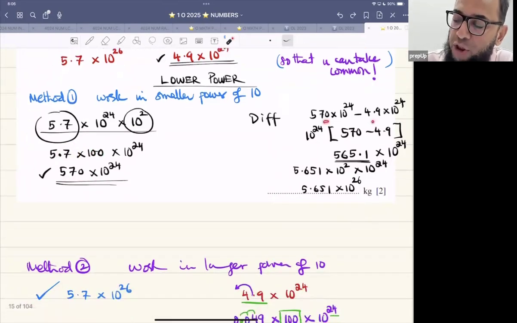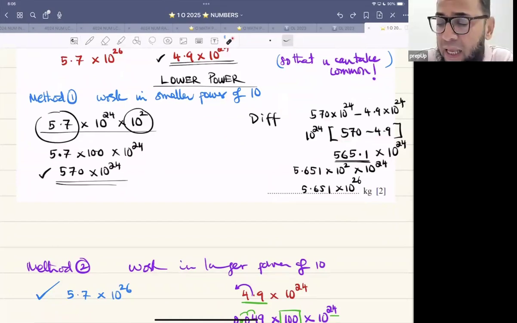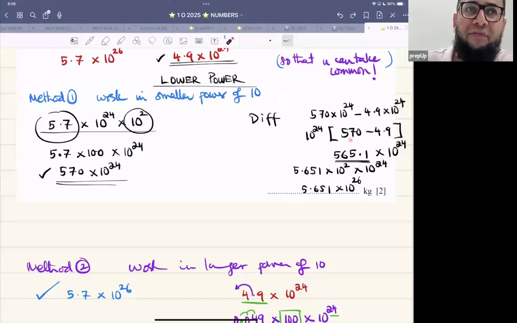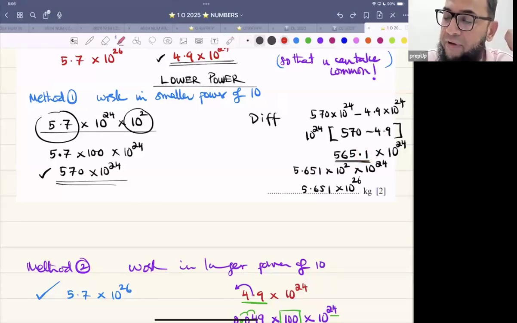Then I do the subtraction. This subtraction is easier. Why is it easier? Because you are dealing with big numbers. 570 minus 5, that is 565, because of this 0.1, you added a 0.1. And then you have to do this adjustment, which is right over here. You are taking this decimal and shifting it over here.